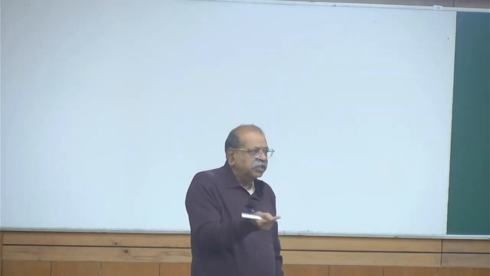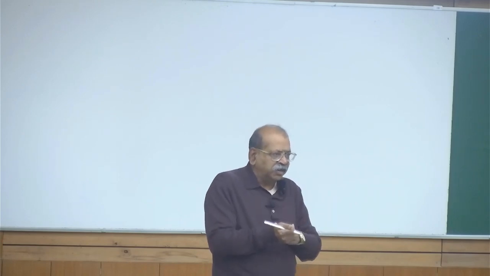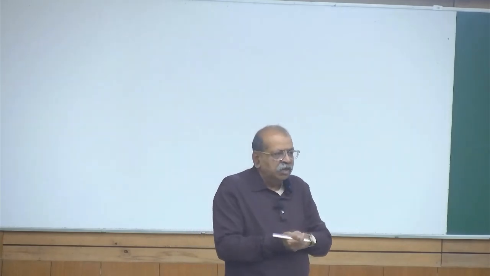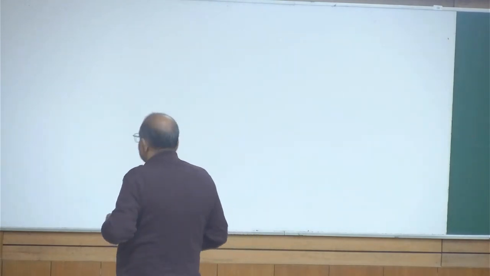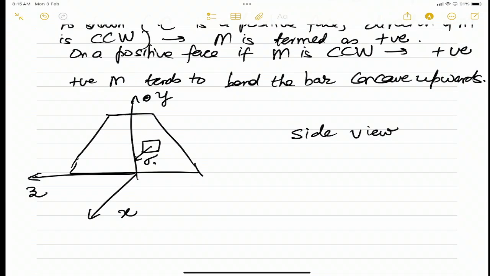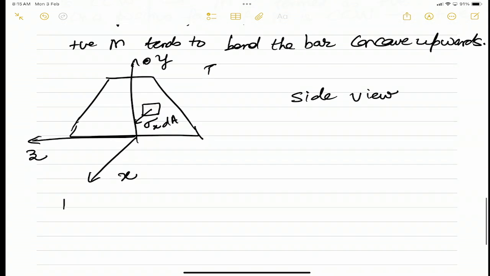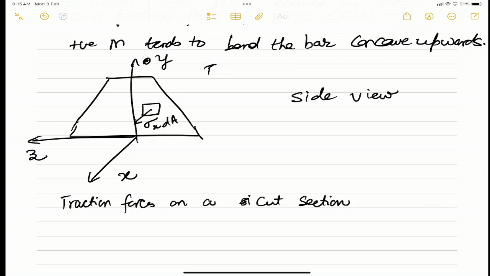Actually, at each point, sigma is acting, tau xy is acting, tau xz is acting. Or tau, it would be the other way around, tau yx and tau zx. This is the x face. Okay. So, let's see. So, there is a so this what I'm showing are the cut.